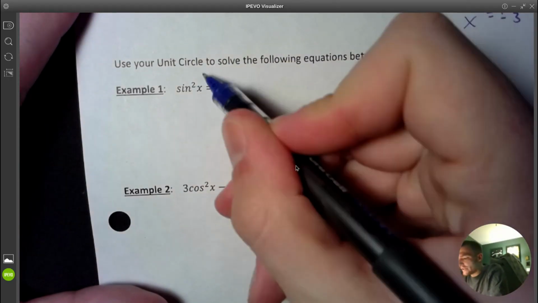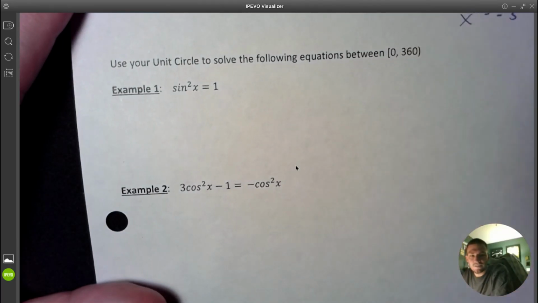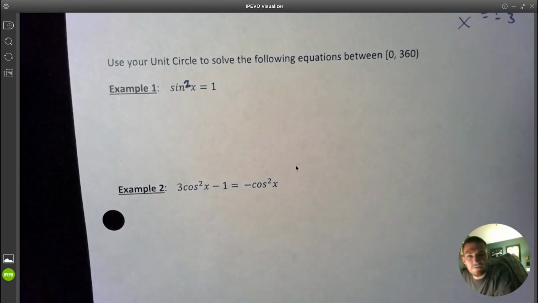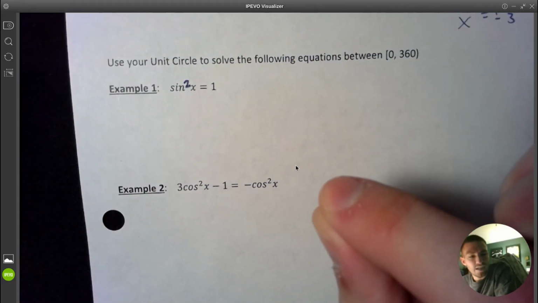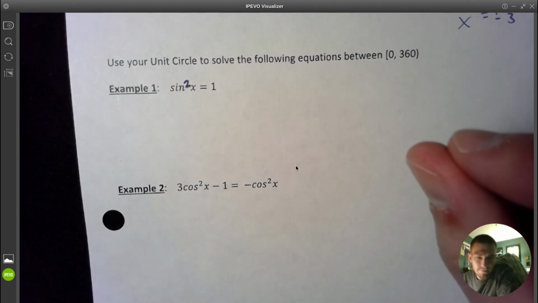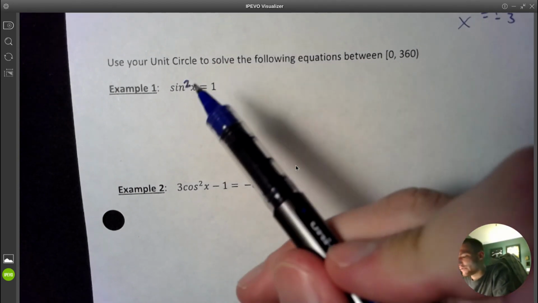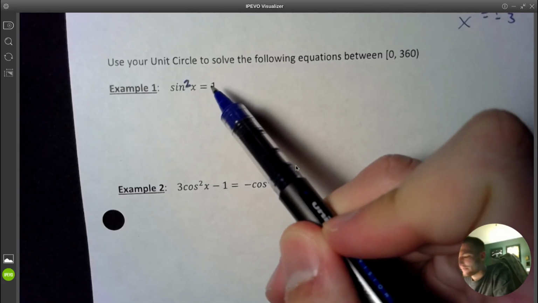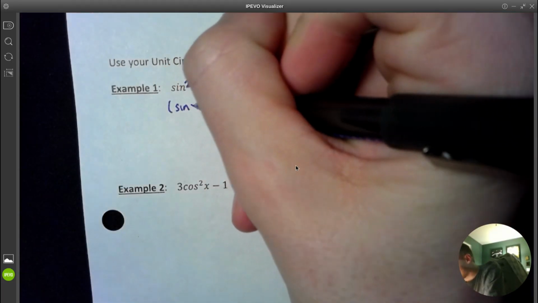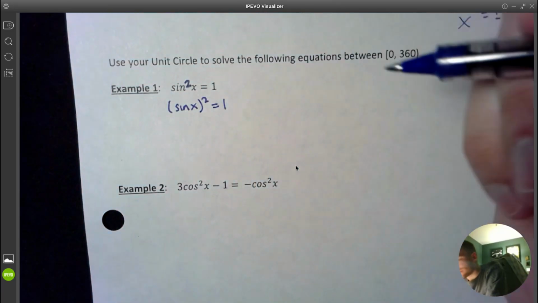Once we get here, sine squared x, if you've never seen this, the squared is put in front of the x, behind the sine, because they don't want it to look like we're talking about the sine of x squared. So this right here is the same thing as the sine of x, squared, equals 1.